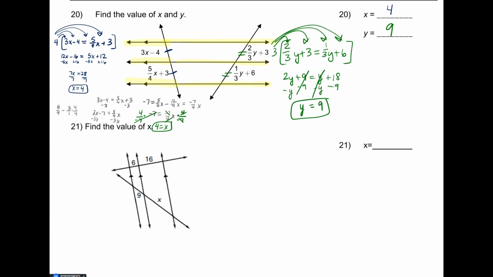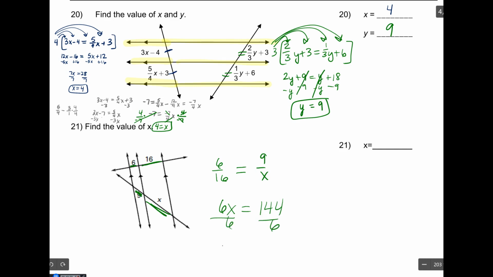Find the value of x. Pretty close. Find the value of x. So 6 over 16 will give you the same thing as 9 over x. Cross multiply, 6x equals 144.